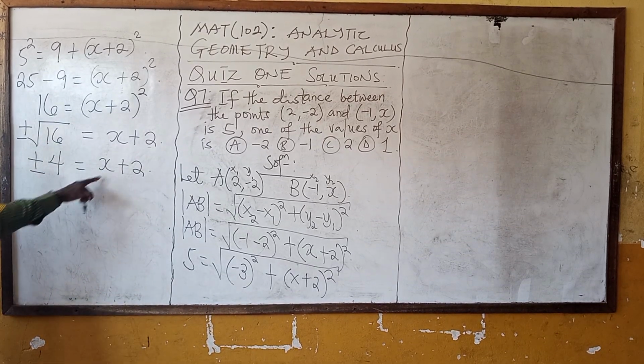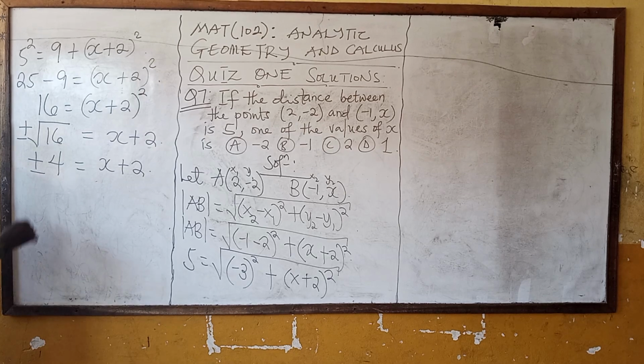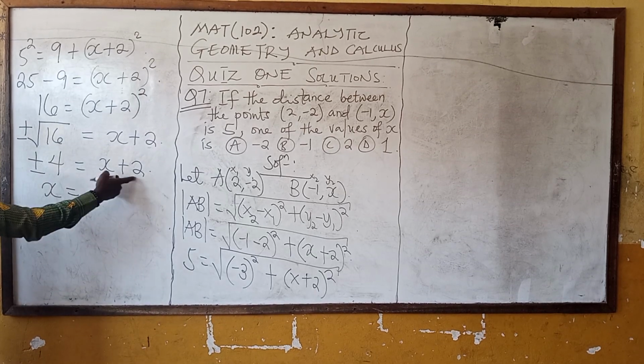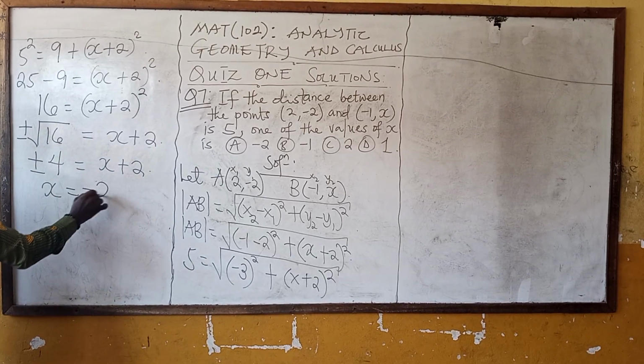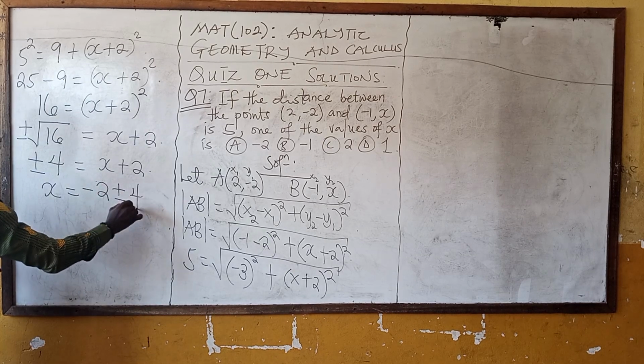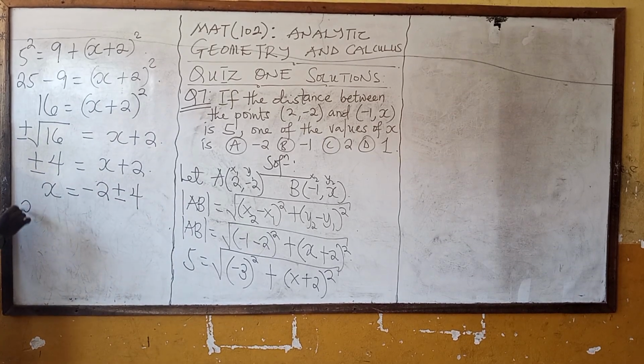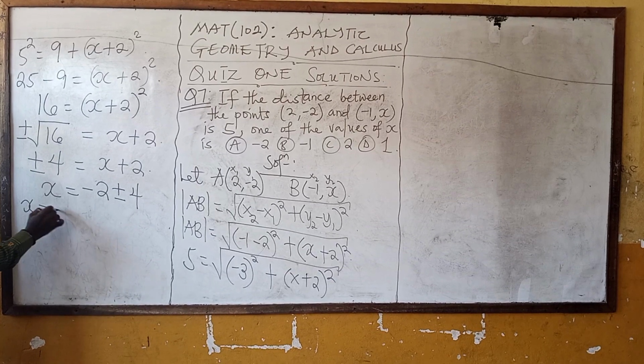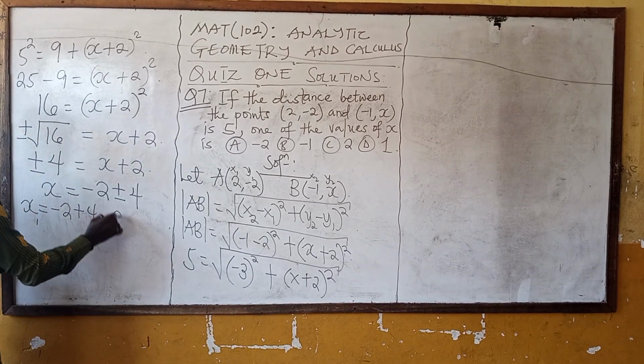Now we want x. So we group like terms. We have x equal to negative 2 plus or minus 4. So we can take negative 2 plus 4, that will be our x1, which is 2.